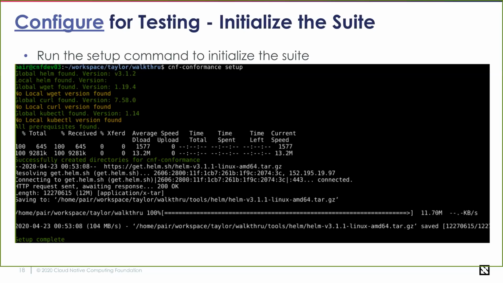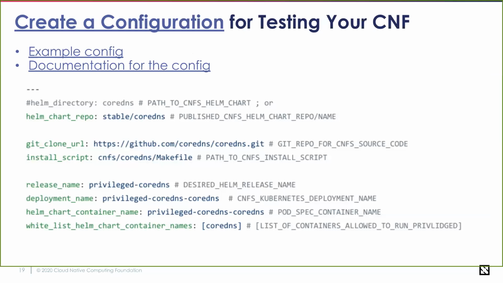And then once that's ready, you need a configuration that covers the actual test run. And right now, again, this is focused on the CNF that you're going to test.